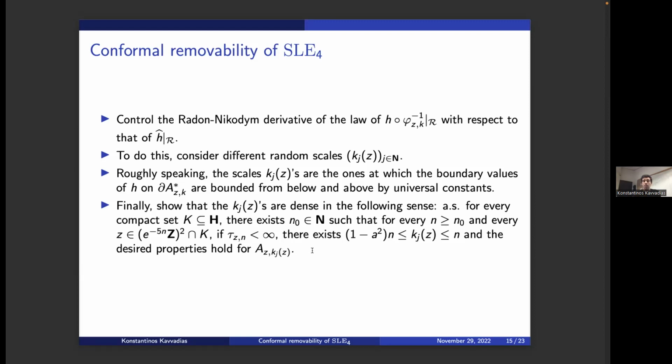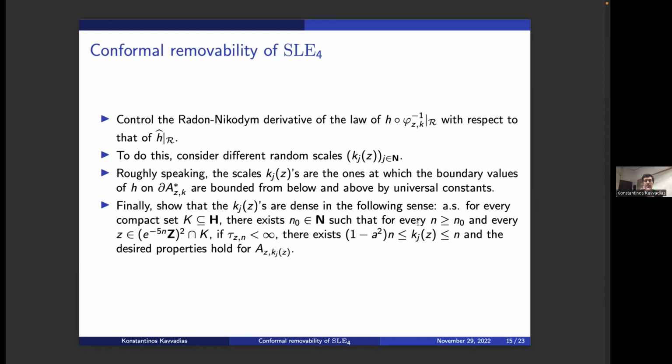And remember that for every such scale, the desired properties hold with arbitrarily high probability by taking m very large. Then we must have that at least one of those scales gives an annulus, provided, of course, that the curve gets really close to z. We always work on that event to make everything make sense.